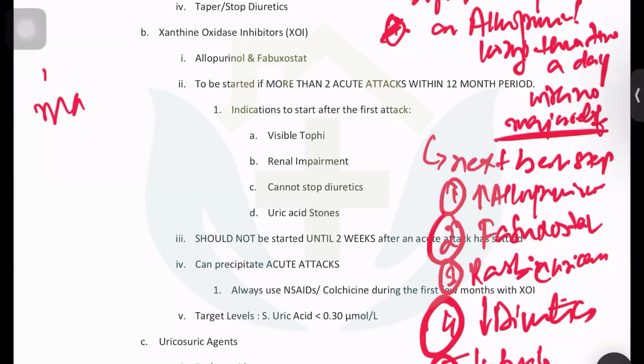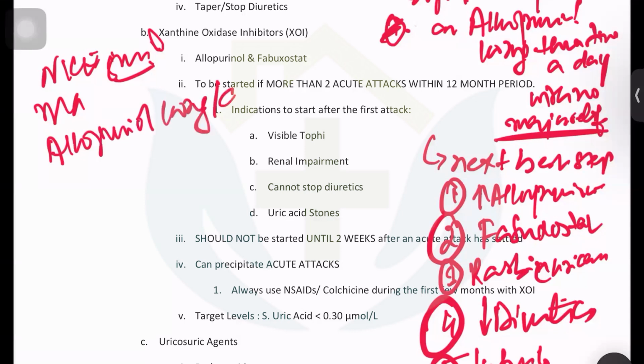What do the NICE guidelines say for management of chronic gout? Start at allopurinol 100 milligram per day. This is the drug of choice. I'll tell you a very interesting thing in the meanwhile. Allopurinol 100 milligram per day is the starting dose.